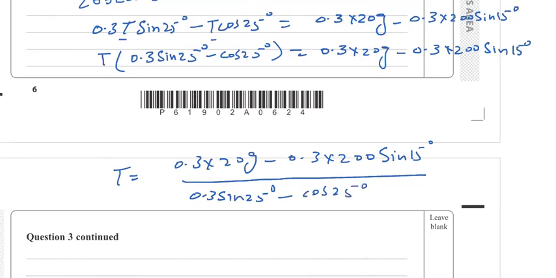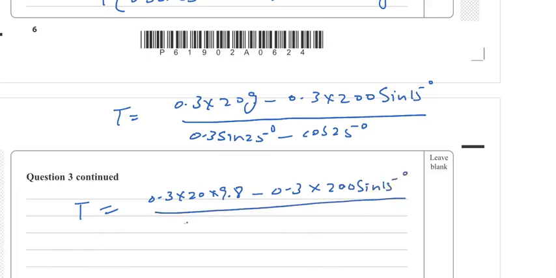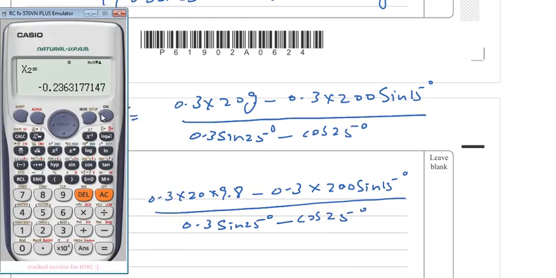Now I can calculate it because finally I have separate value of T, but before solving put the value of g also, 9.8. So it will become 0.3 into 20 into 9.8 minus 0.3 into 200 sine of 15 over 0.3 sine 25 minus cos of 25. Let's use our calculator to solve this one. Let me change my calculator to mathematical mode.